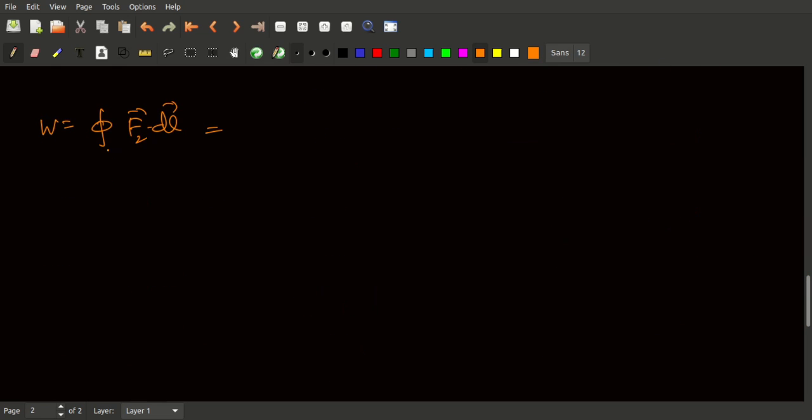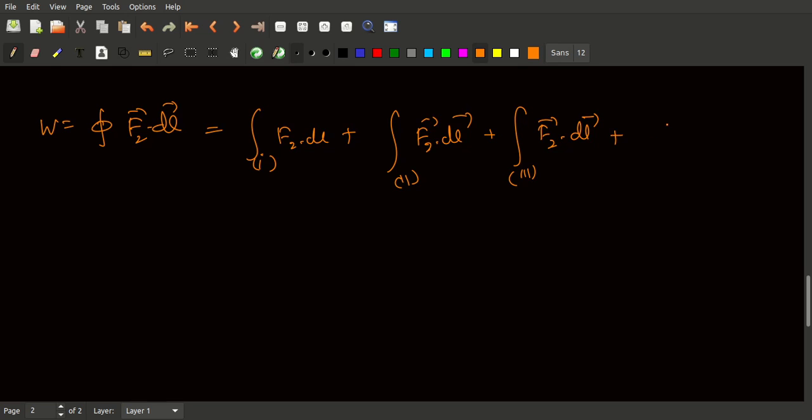So I can write this as the integral along the first path of f2 · dl plus the integral along the second path of f2 · dl plus the integral along the third path of f2 · dl plus the integral along the fourth path of f2 · dl. This is how the integration is.